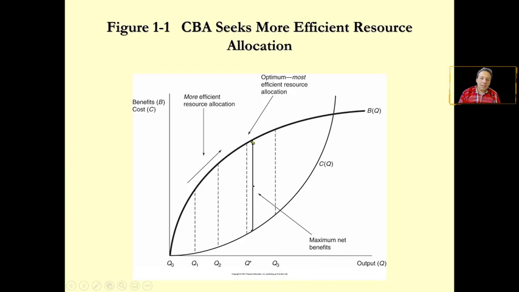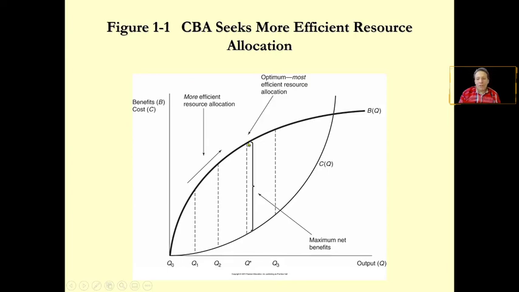Yes, so when this segment has the largest size, we can see that these are the highest net benefits. So as a result, the more efficient resource allocation has like a top.